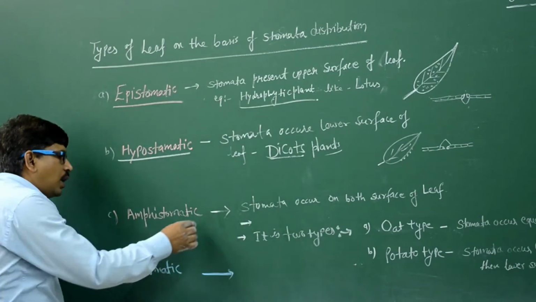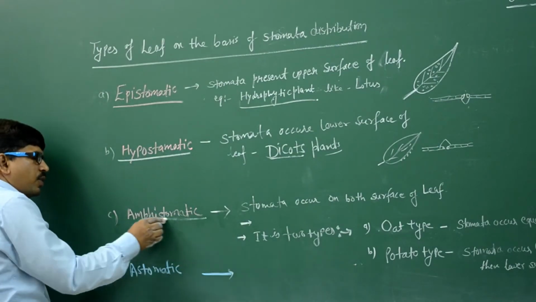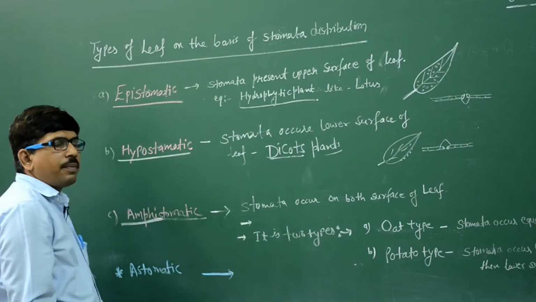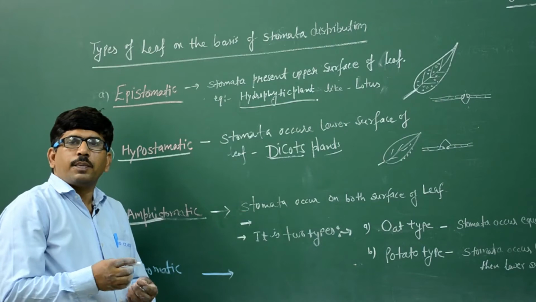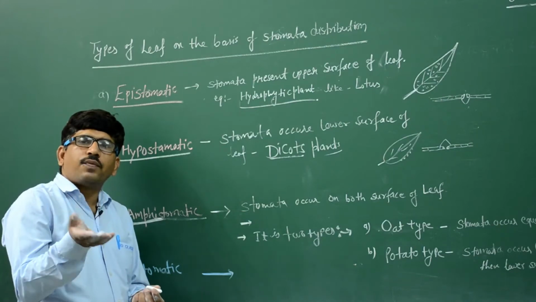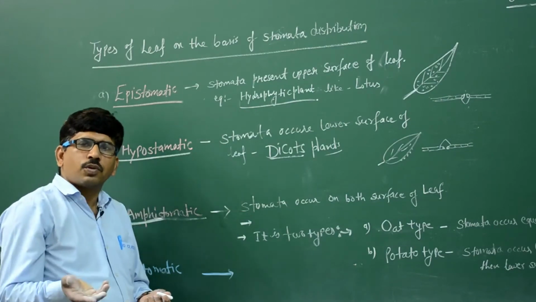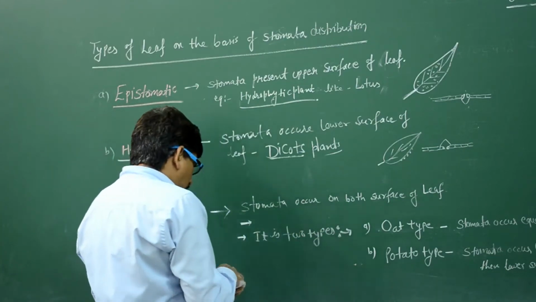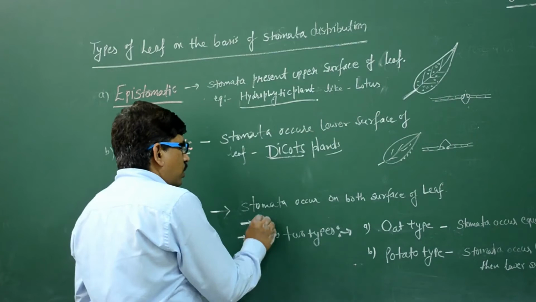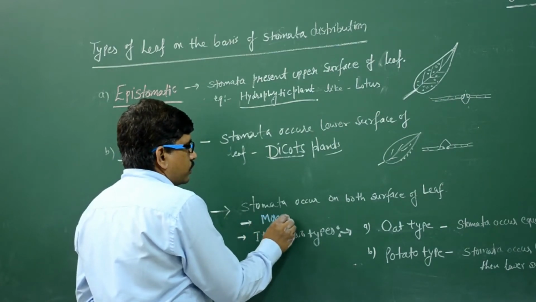Third one is the amphistomatic. Amphistomatic means the stomata are present on both surfaces of the leaves. It means the leaf contains an upper surface and a lower surface, and on both sides stomata are present; that is known as the amphistomatic. And the best example is the monocots.